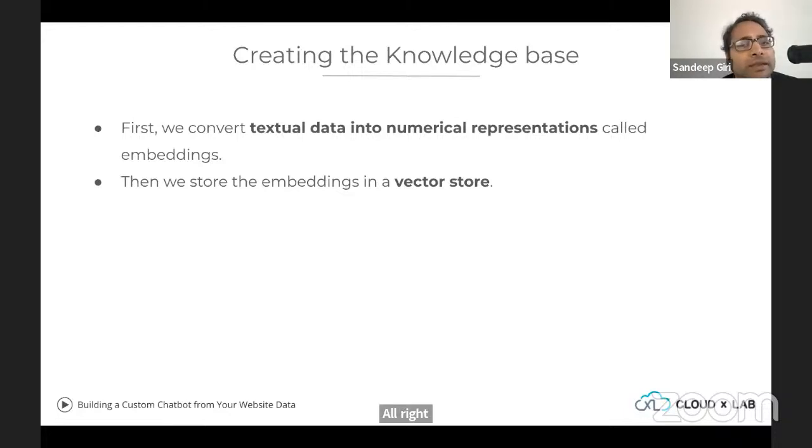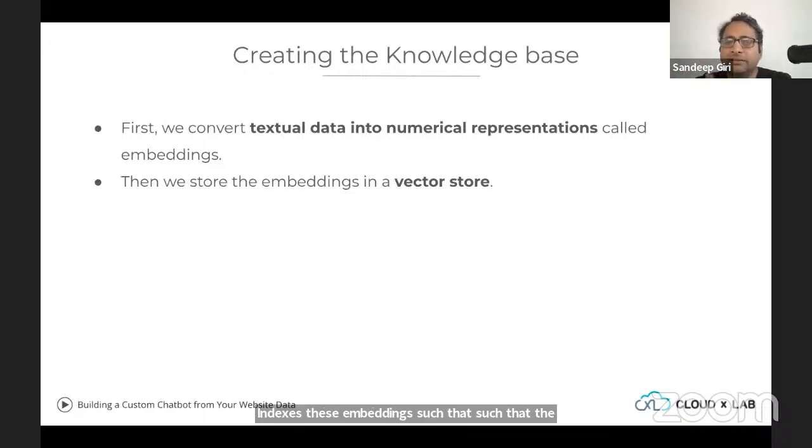First, we convert the textual data into a numeric representation called embedding. And then the next part is we store these embeddings into something called a vector store. Now, what's the quality of a vector store? A vector store basically indexes these embeddings such that the embeddings which are nearby come together.